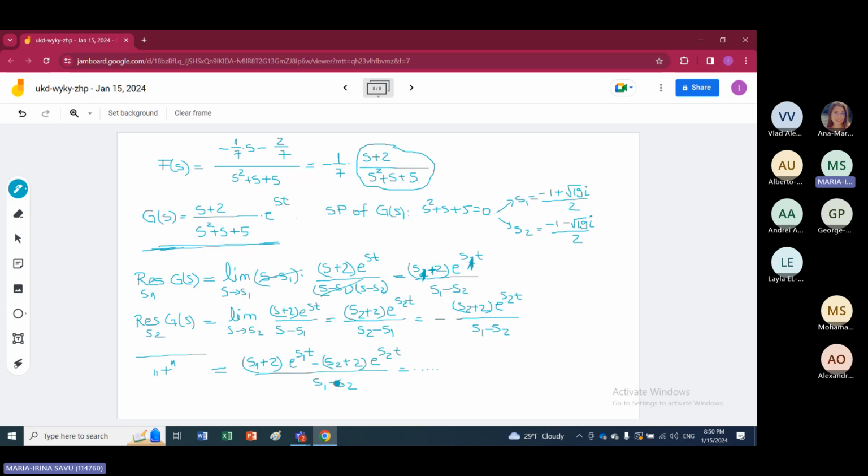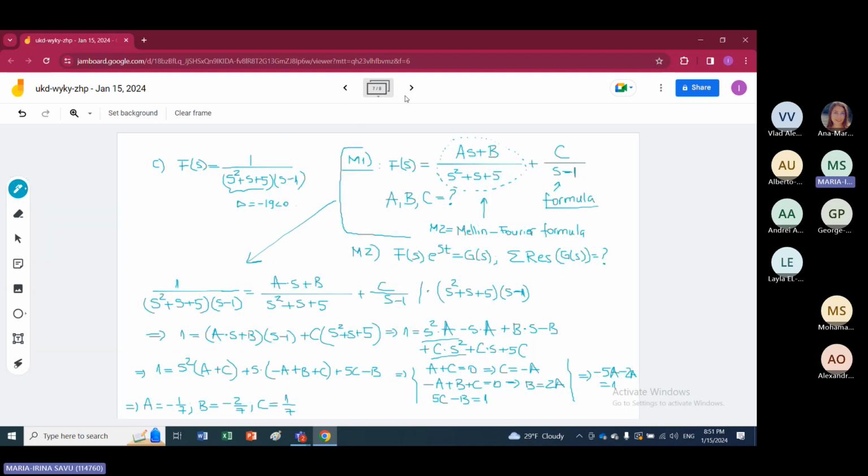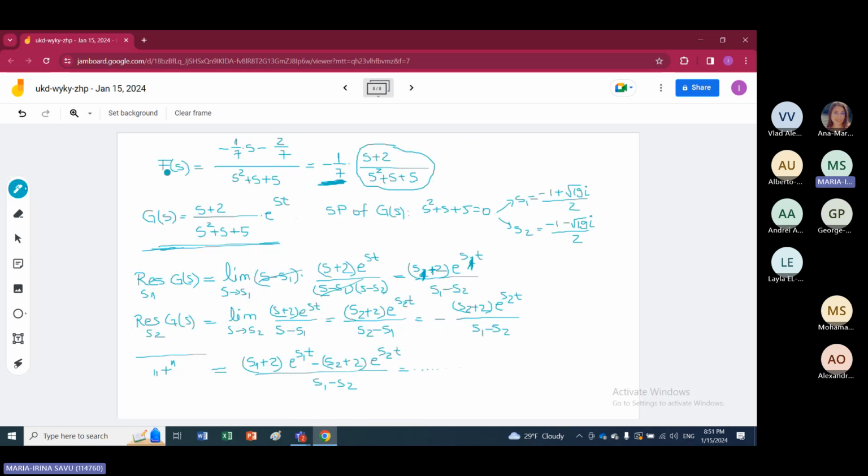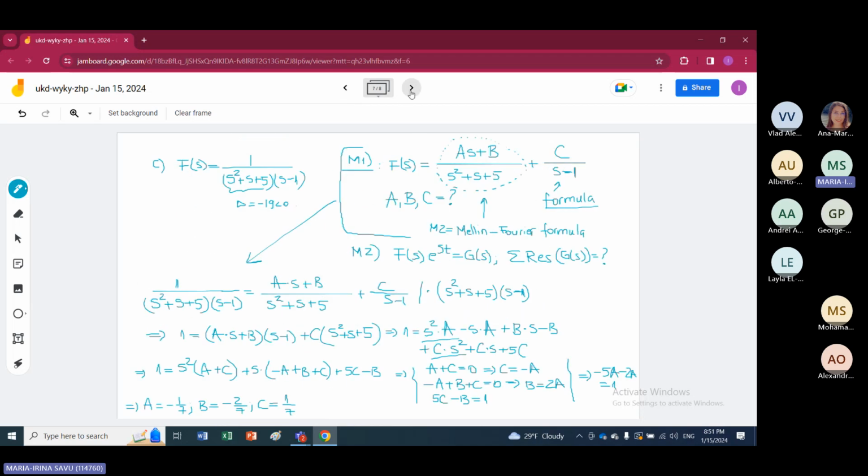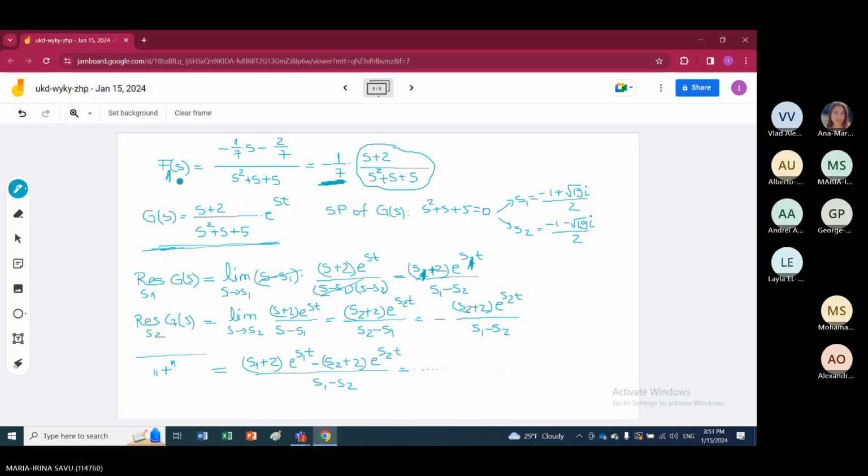So you don't have to make simplifications yet. But of course, you have to replace S1 and S2 to get this function. Then you have to multiply this function by minus 1 over 7. And this will be the residue for this function. Let's say it's not f but f1, because f is the entire sum, and let's say that f1 is this one. You won't have something like this in the final expression.